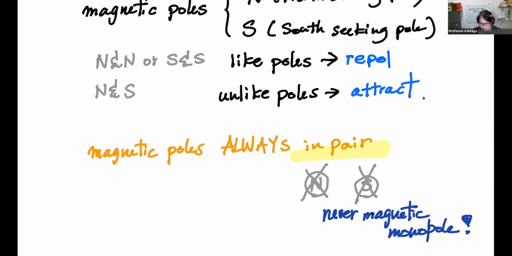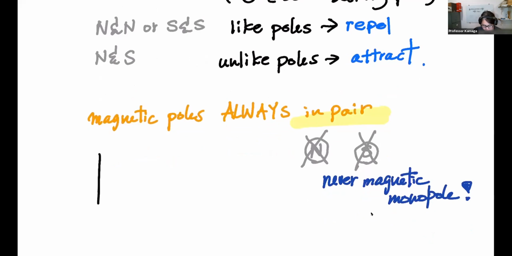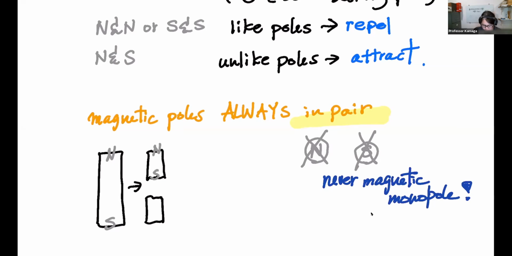So let's say you have a bar magnet, and one end is north, the other end is south. If I were to cut this into smaller pieces, one end still becomes north and the other south.